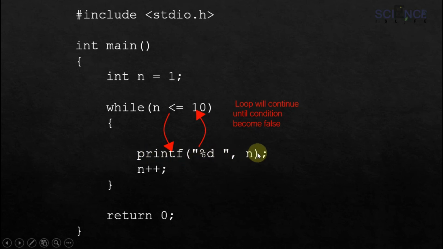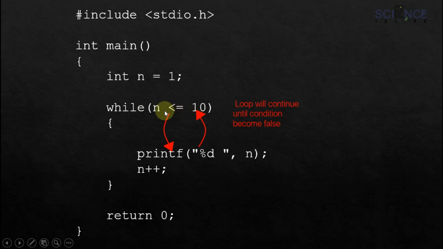After printing the value, I need to increment the variable value by 1. I told you that we don't have a variable increment in the while loop as in the for loop. In a for loop we have a variable increment, but while only has a condition.